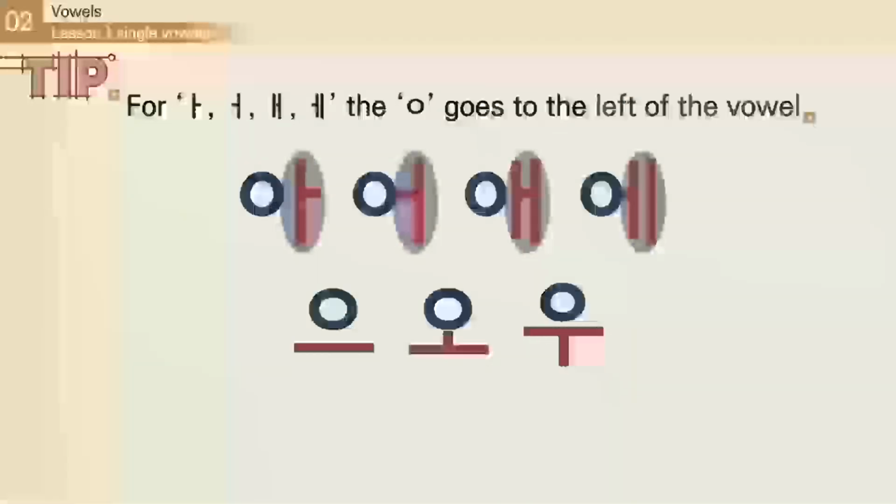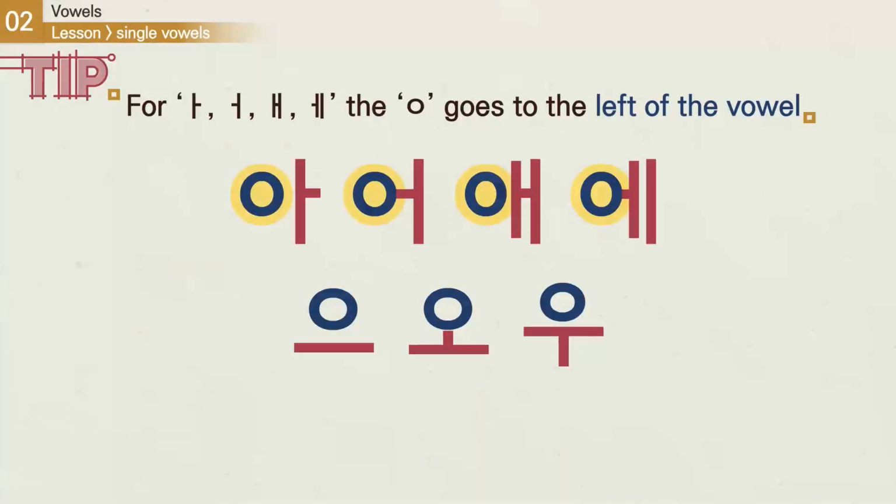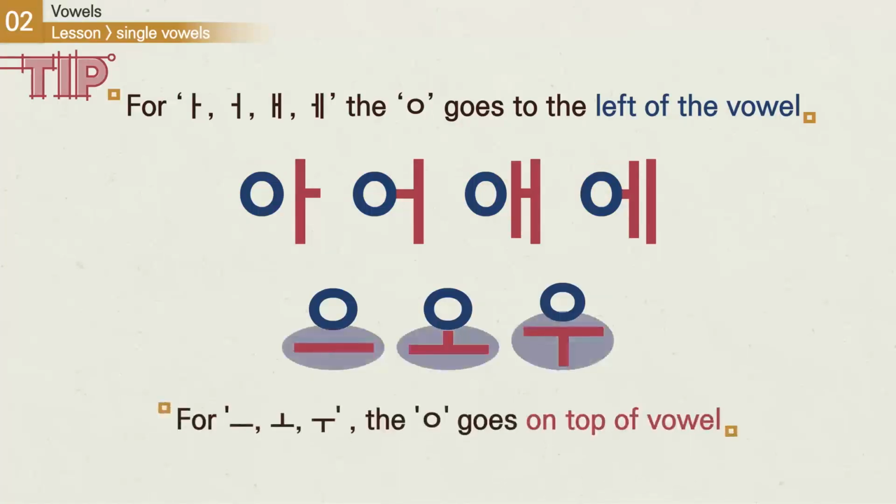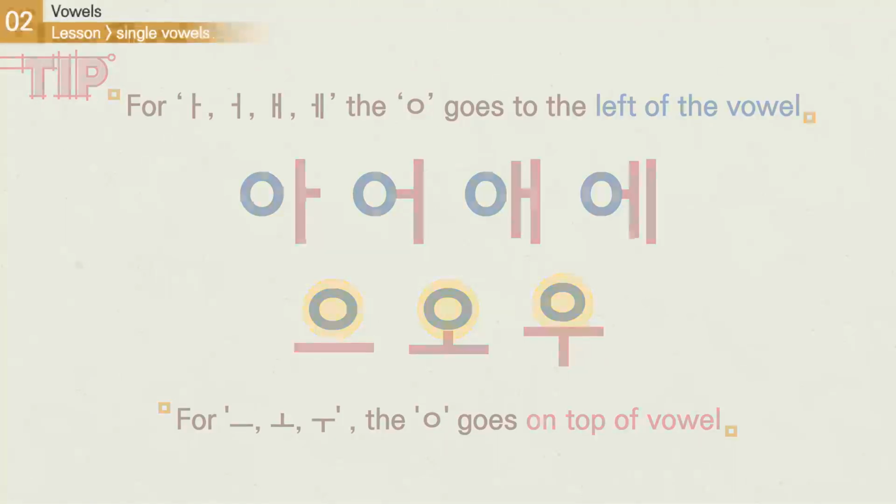For a, o, e, and e, the ing goes to the left of the vowel, while for u, o, and u, the ing goes on top of it.